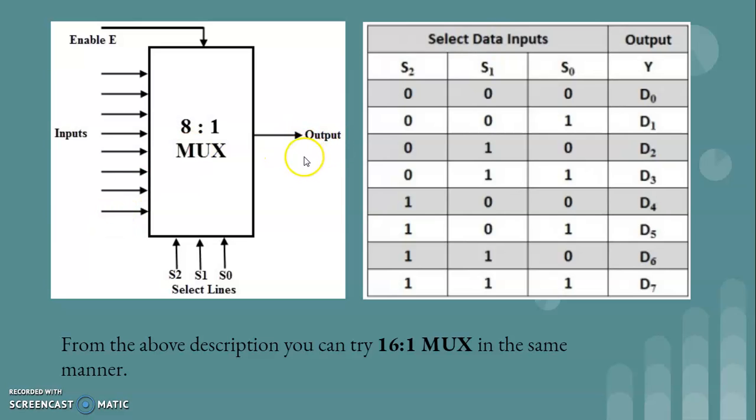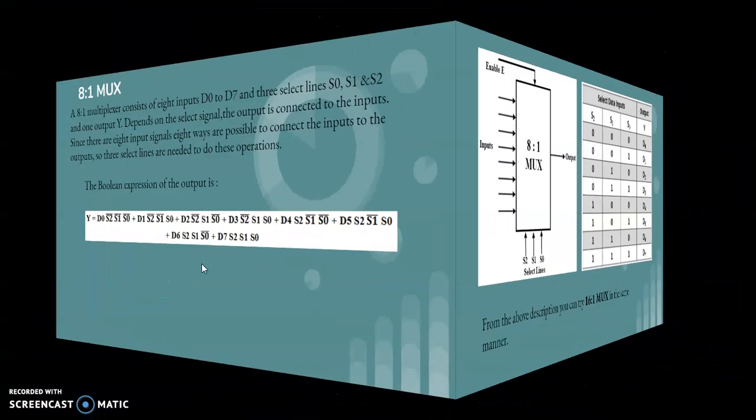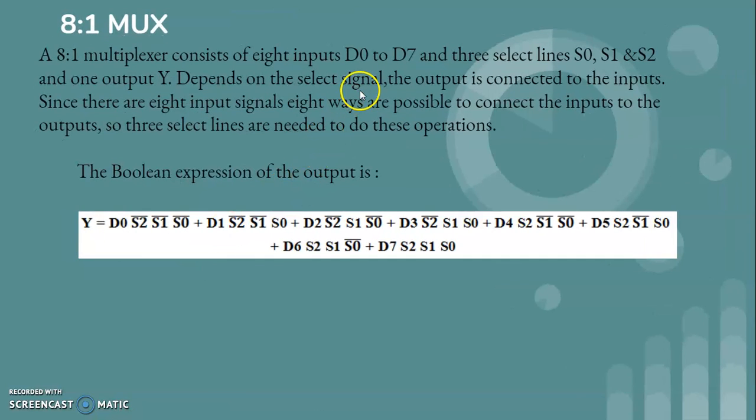This is the output Y and these are the 3 select lines. Depending upon the select lines, the output is connected to the inputs. Since there are 8 input signals, 8 ways are possible to connect the inputs to the outputs. So 3 select lines are needed to do this operation.